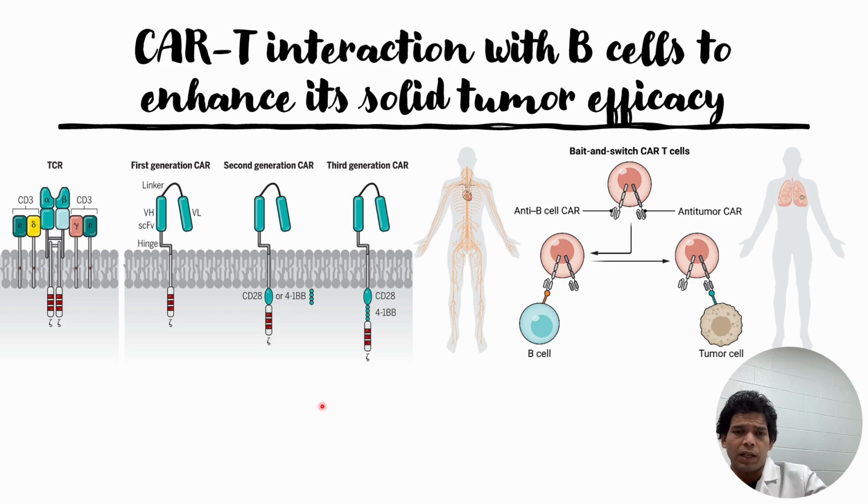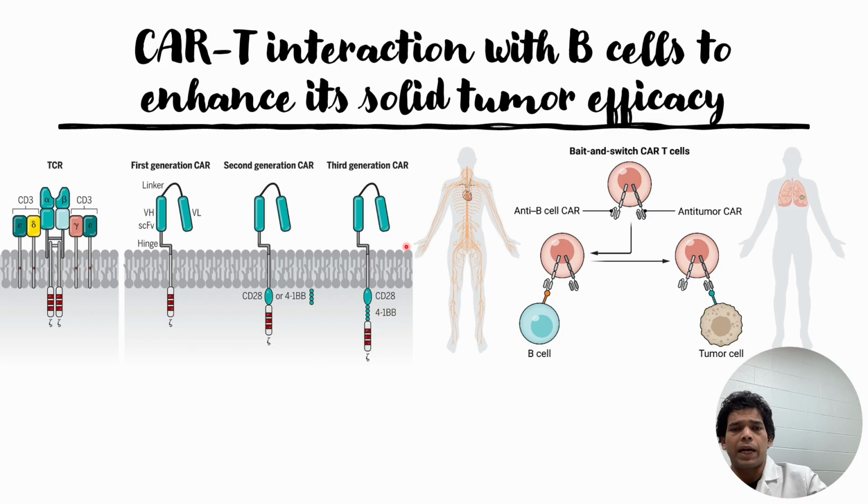In the third generation CAR, they go one step further and include two co-stimulatory domains. For example, CD28 and 41BB, both of them are included. This is the third generation CAR. So these are the different kinds of CAR Ts, or different generations of CAR Ts, based on the differences in the intracellular domain.